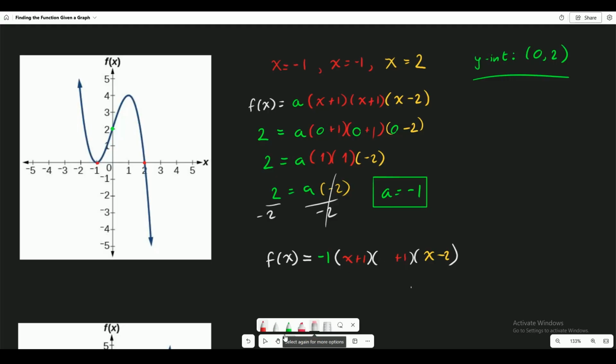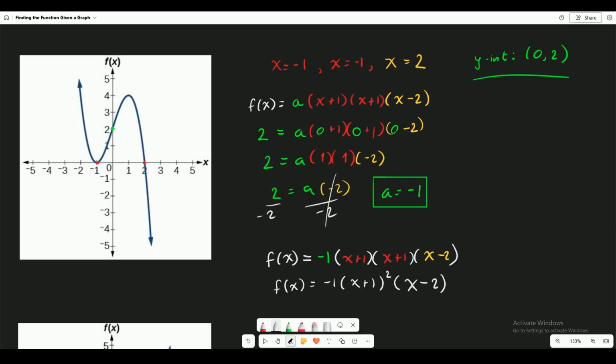And you'll notice that x plus 1 is repeated, so I'm going to rewrite that so that we're using exponents. And this time I'll put it all under one color. That means that our function f of x is equal to negative 1 times x plus 1 quantity squared times x minus 2. And that's our function.